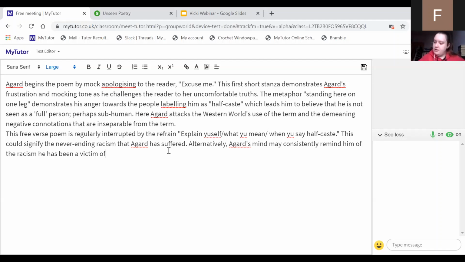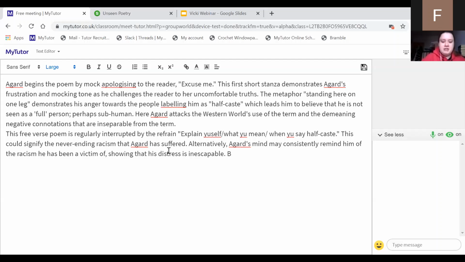Showing that his distress is inescapable. So the first interpretation that I've given is quite a straightforward one. The second one is I'm trying to look at the psychological effects and perhaps give an alternative viewpoint. And I think this particular view is quite a deep one.